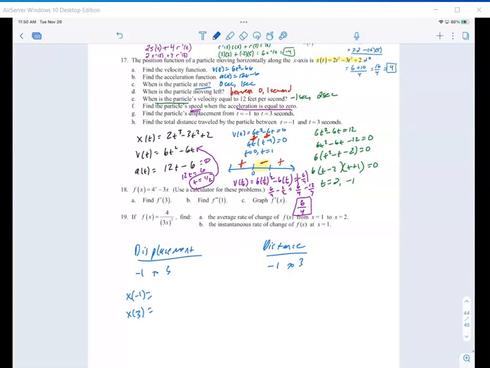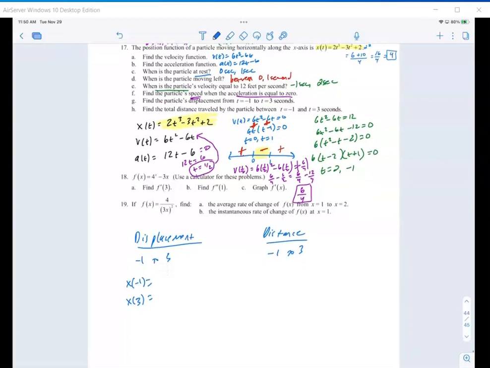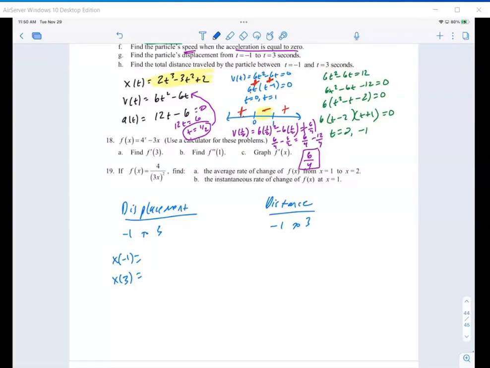I'm going to plug that into my original equation. At negative 1, that's going to be negative 2 minus 3 plus 2, which equals negative 3. At 3, that's going to be 54 minus 9, that's 45, 47. The distance between there is 47 plus 3, which is actually 50. So the displacement is 50.